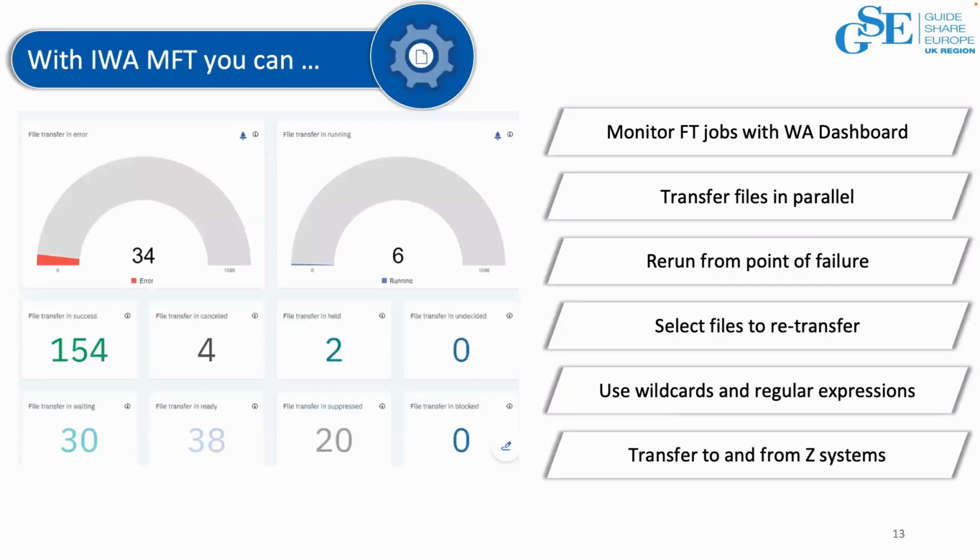As a summary, what are the capabilities of managed file transfer that we provide with version 10.1? We have dedicated dashboards for file transfer jobs. You can define jobs with multiple file transfers in the same job executing in parallel. You can select files to retransfer each of them separately.